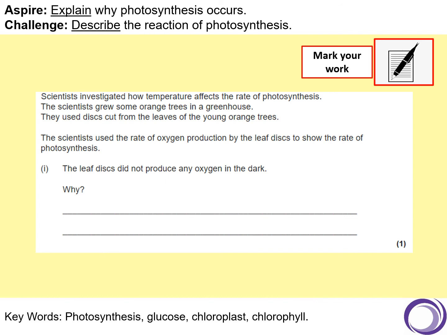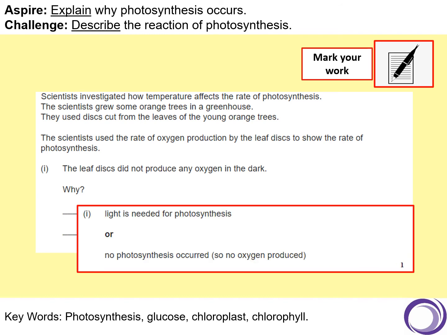Okay, so hopefully you have written down that the leaf discs did not produce any oxygen in the dark because light is needed for photosynthesis, or if you also written down that no photosynthesis was then able to occur.